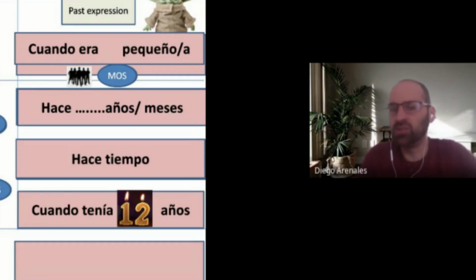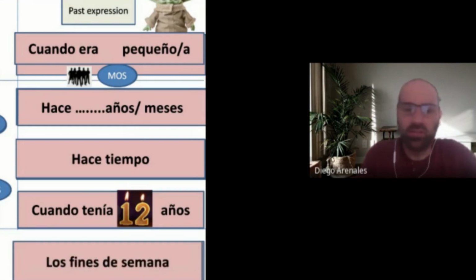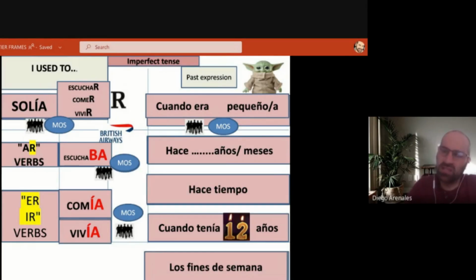But in English, you would say when I was 12 years old. So, cuando tenía 12 años. Cuando tenía 20 años. And you choose the number in there. And the last one, for example, is fines de semana. At weekends, I used to do something in the past. So these 5 expressions go with these 3 ways to use "I used to" in Spanish.